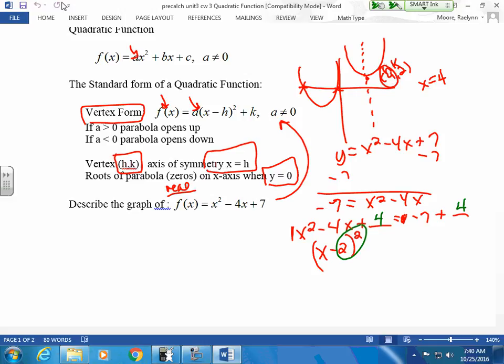Right? Okay, so we're left with x minus 2 squared equals negative 3. Now, for us to get this in vertex form, we have to move the 3 back over. So x minus 2 squared plus 3. And this is our vertex form.